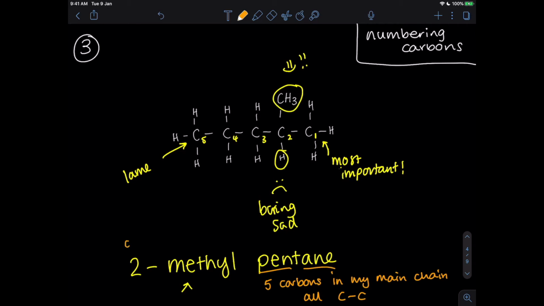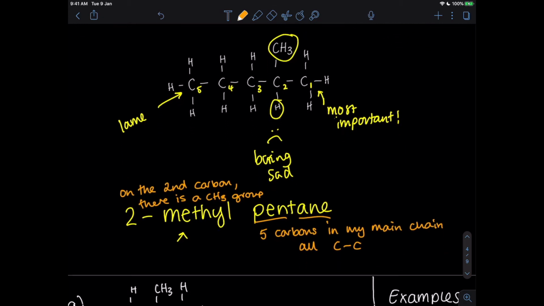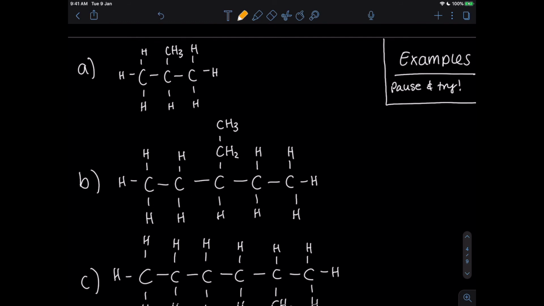And then this tells me that on the second carbon there is a CH3 group. So 2-methylpentane, if I gave that to another person, they would be able to draw this molecule. I've given them all the information they need: 5 carbons in the longest chain, and on the second carbon there's a CH3 group.